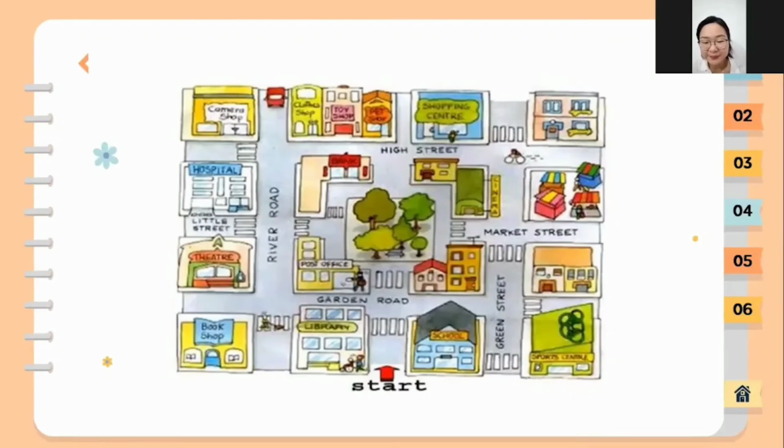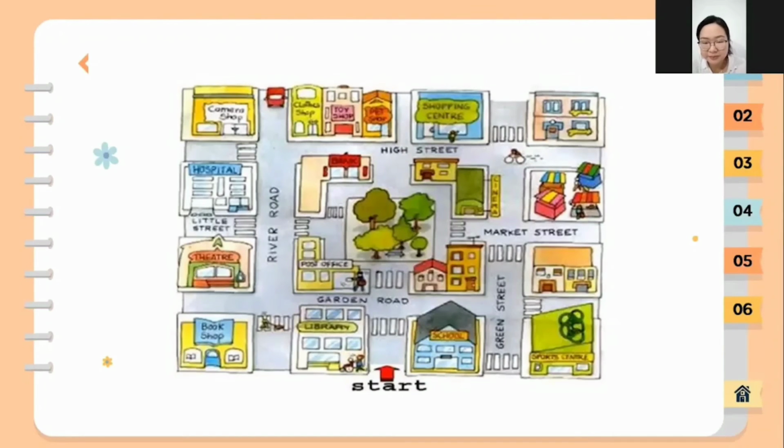Yes, Ita and Priska. Come on. Priska, you can ask directions to Ita, and Ita can give the directions to Priska. Okay, Miss. Let's start.